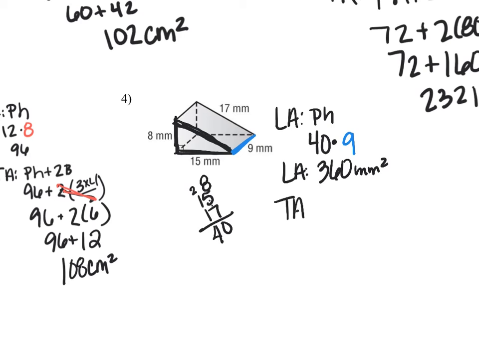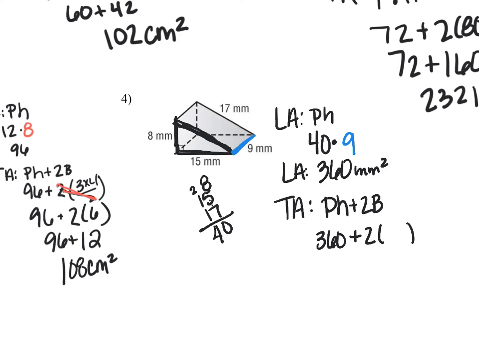Okay, so total surface area. Perimeter times H plus 2B. 360 plus... Okay, what's the area of the base? What's the shape of the base anyways? It's a square.